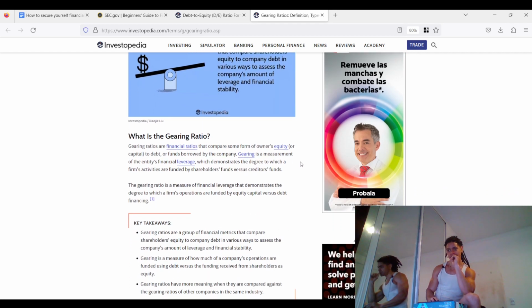Interesting. So what is the gearing ratio? Gearing ratios are financial ratios that compare some form of owner equity or capital to debt or funds borrowed by the company. Gearing is a measure of the entity's financial leverage, which demonstrates the degree to which a firm's activities are funded by shareholders' funds versus creditors' funds.